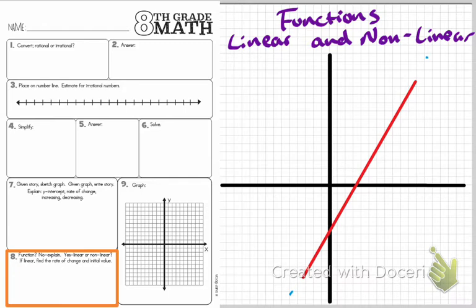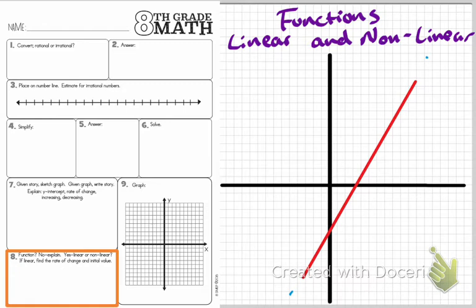I could predict where those future or past values are always going to be on any straight line. So that is why our linear equations will always be a function.